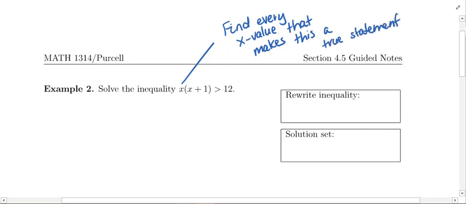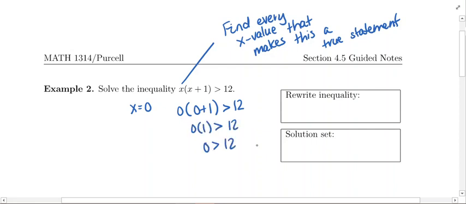For example, if x is 0, I just picked something random, and I plug in x equals 0, I get 0 times 0 plus 1. Is that greater than 12? Well, 0 times 1 is greater than 12. You get 0 is greater than 12. That's a false statement. So x equals 0 is not a solution.